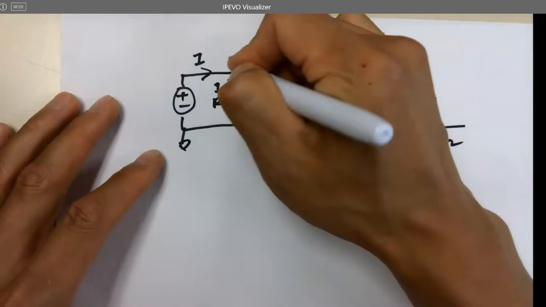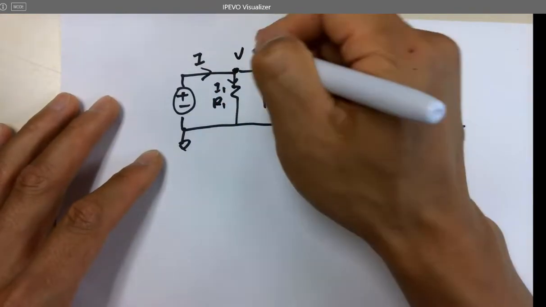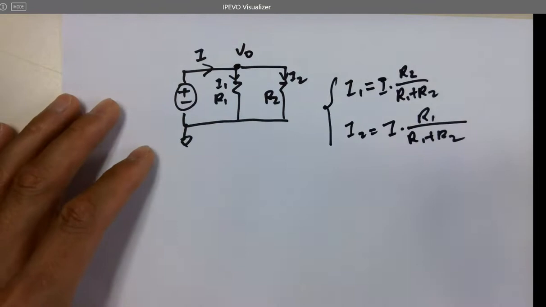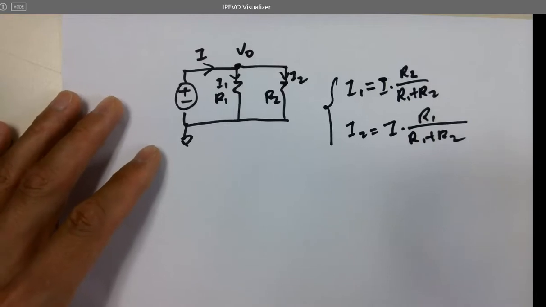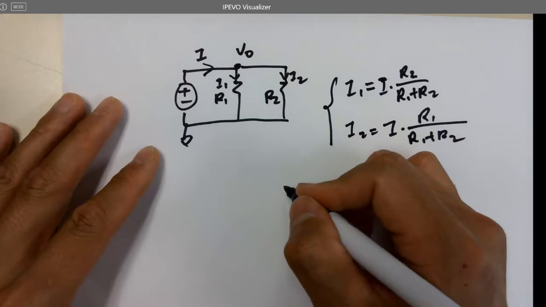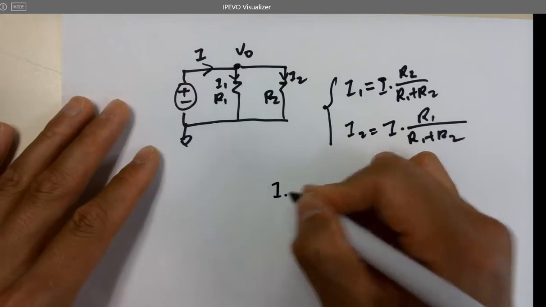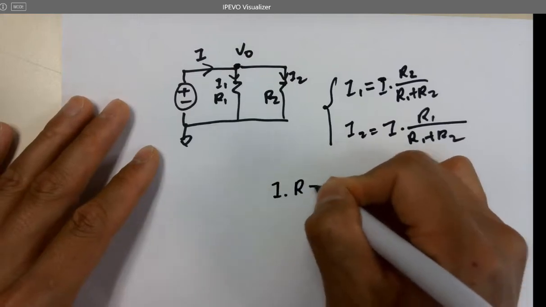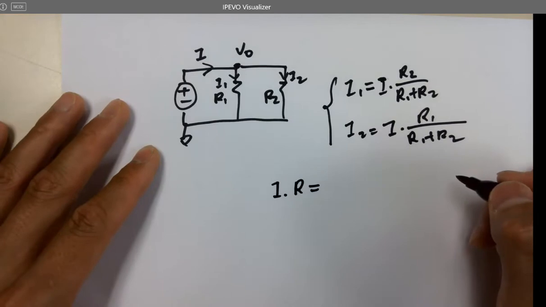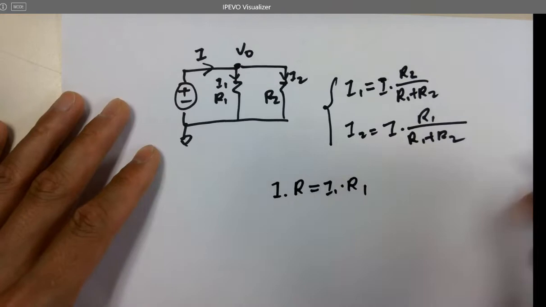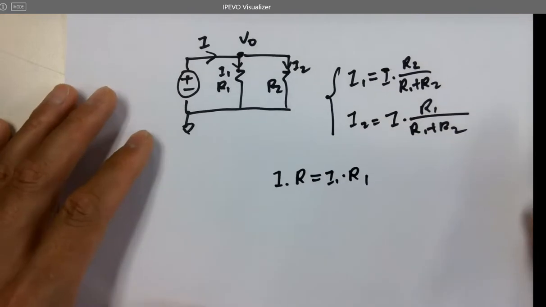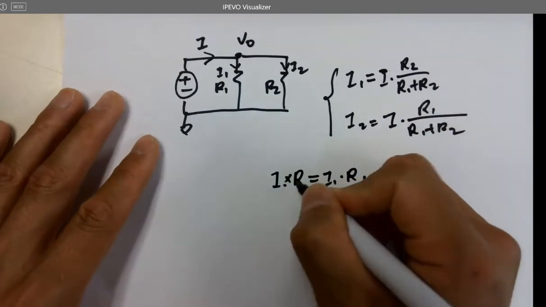So the voltage here, let's just call it V out. So V out, I times the overall R, is I1 times R1, is that correct?